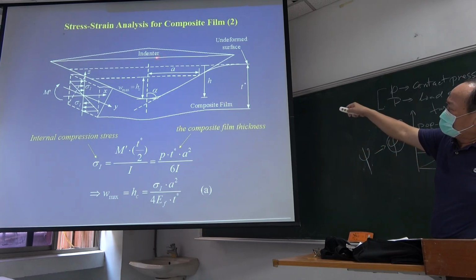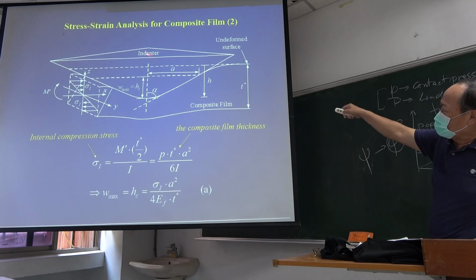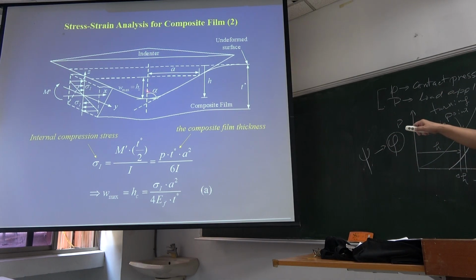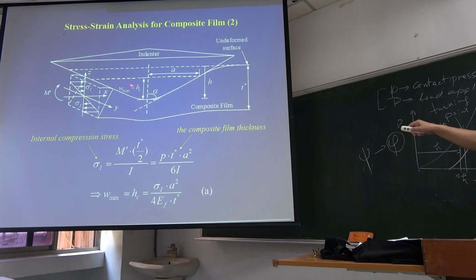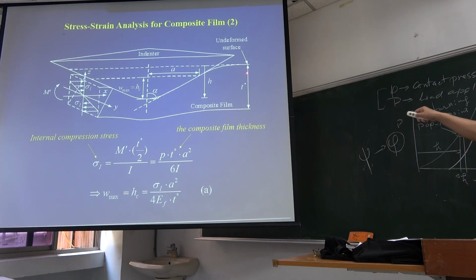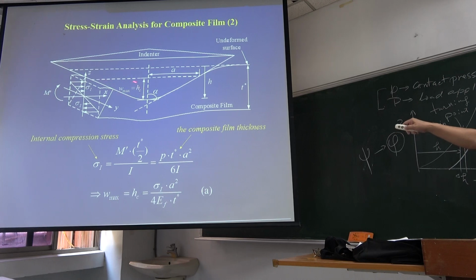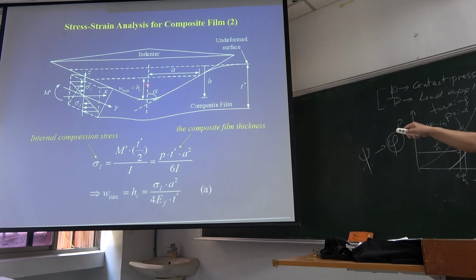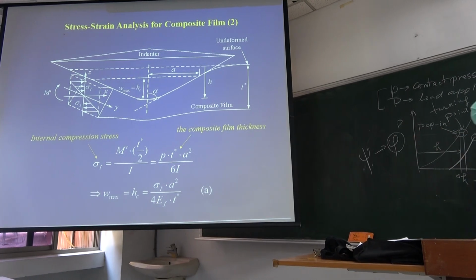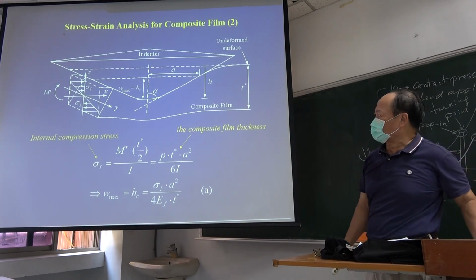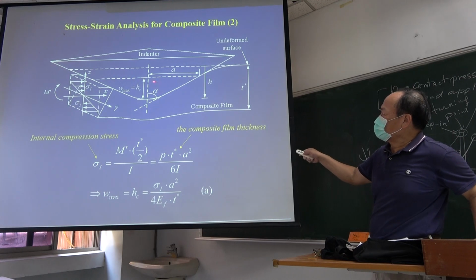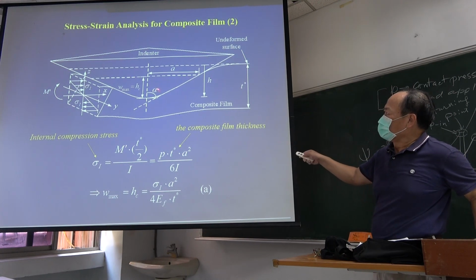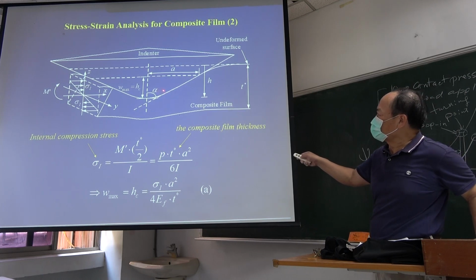And then we apply the indentation load downward, so we create the maximum deflection at the central line. We call it W maximum. This maximum is actually just our real contact depth. Alpha is just the half angle of the Berkovich indenter, which is 72.3 degrees.